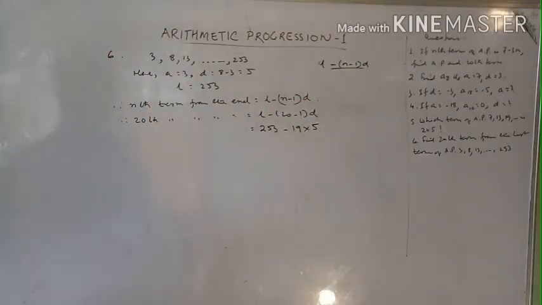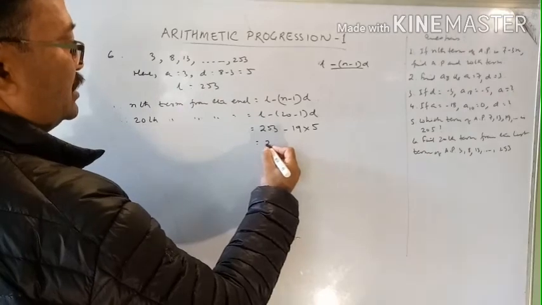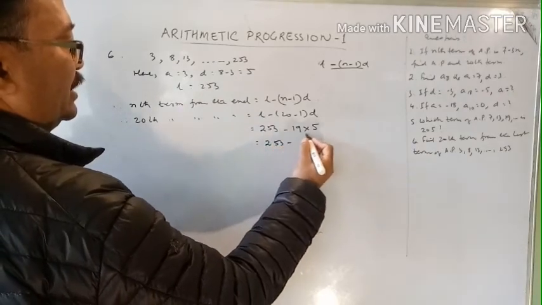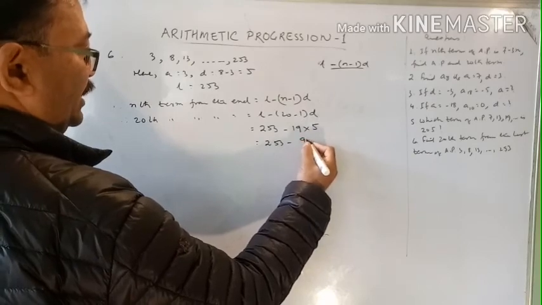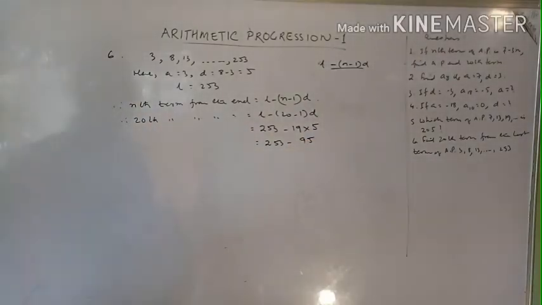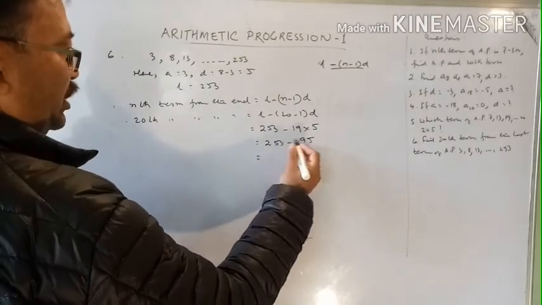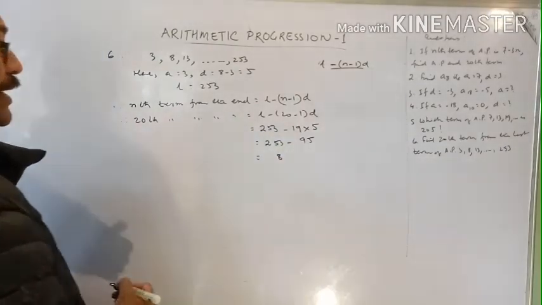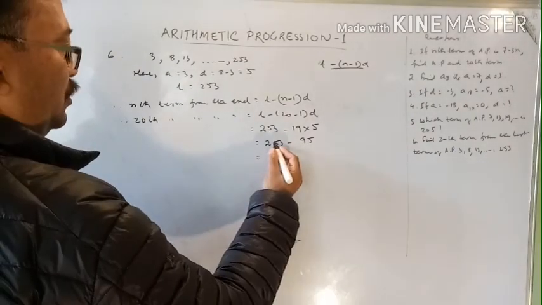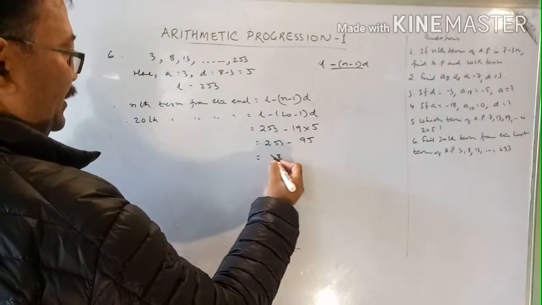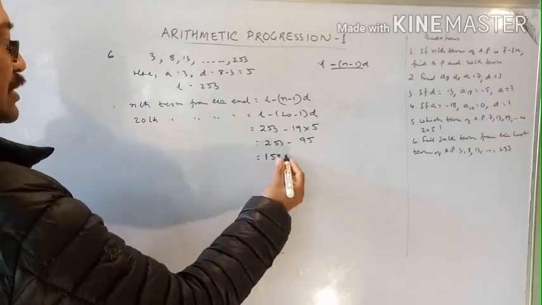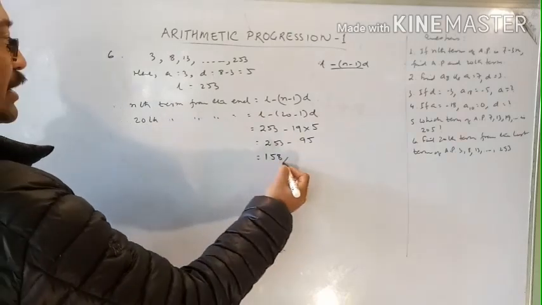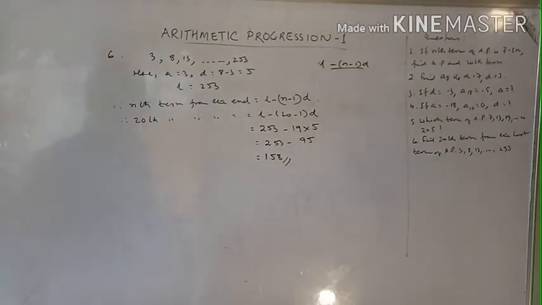So this is 253 minus 95, since 19 5s are 95. Subtracting: 13 minus 5 is 8, 4 minus 9 borrowing, 14 minus 9 is 5, and then 1, so 158. So the 20th term from the end is 158. Okay, thank you.